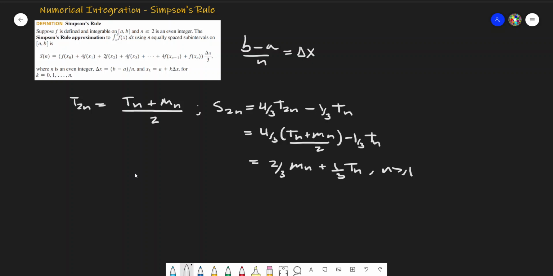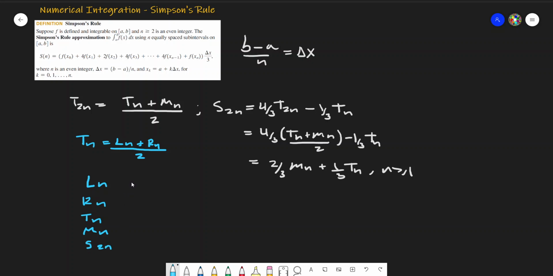So that gives us the idea that if we happen to be estimating a function y equals f(x), then because the trapezoid sum is actually the average of the left and the right, if you were estimating the area beneath a function from a to b, you could make a diagram or a chart where you have the left sum, the right sum, the trapezoid sum, the midpoint sum, and then furthermore Simpson's rule, which is S sub 2n.